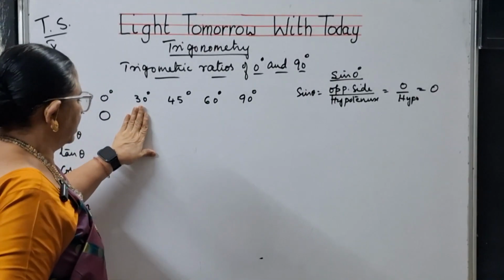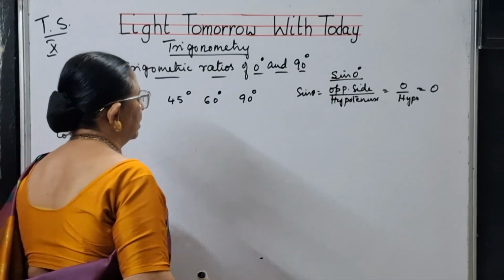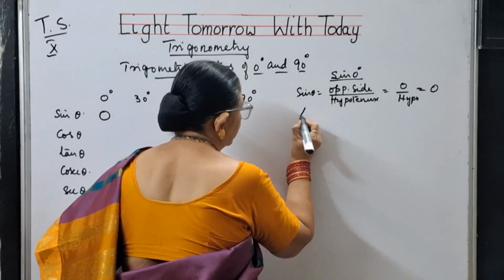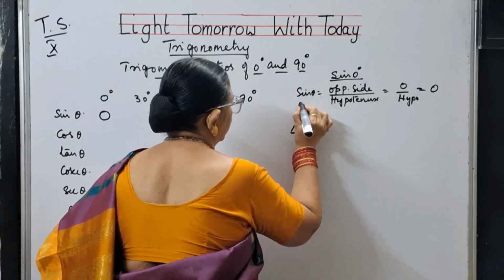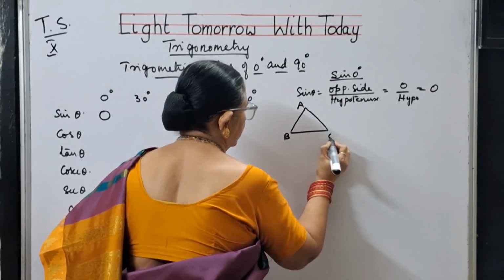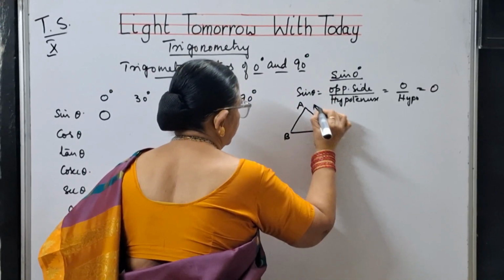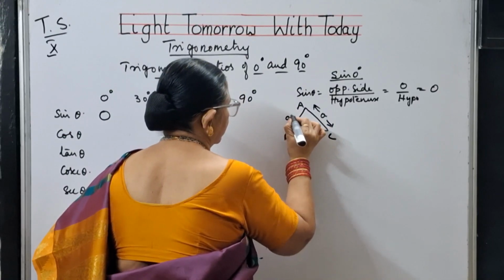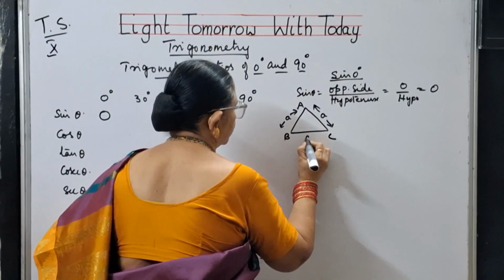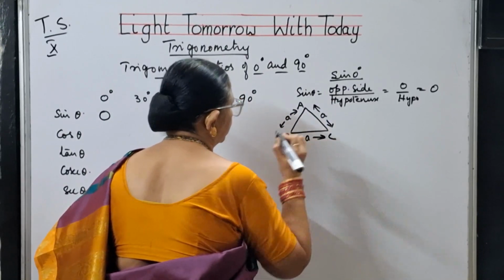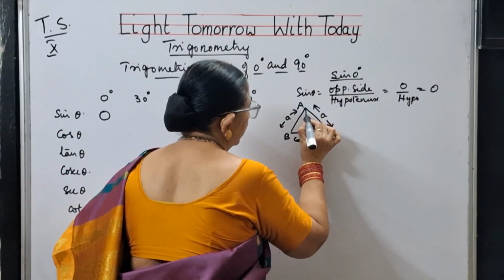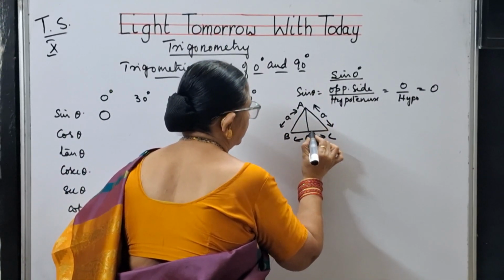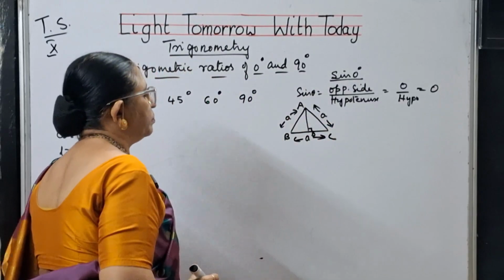To talk about 30 degrees, let us take an equilateral triangle. Let us see this A, B, C equilateral triangle with all the three sides as equal. And you draw an altitude like this, AD, altitude.